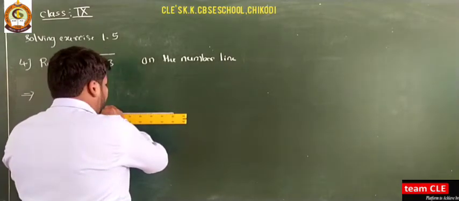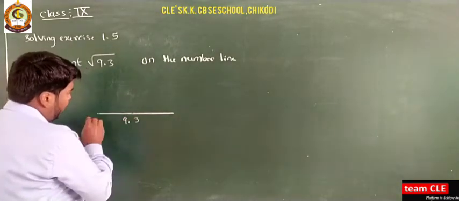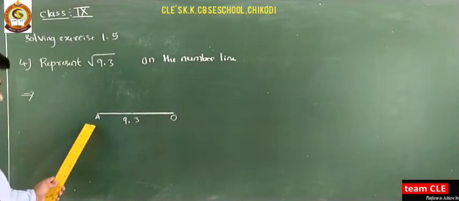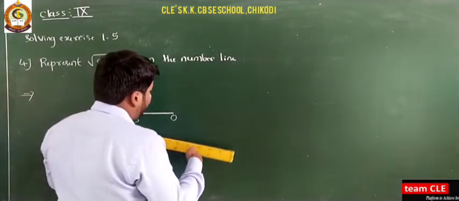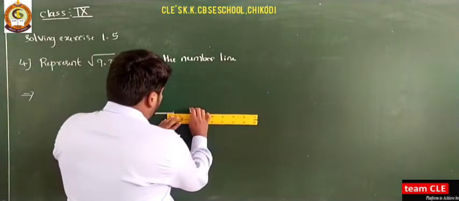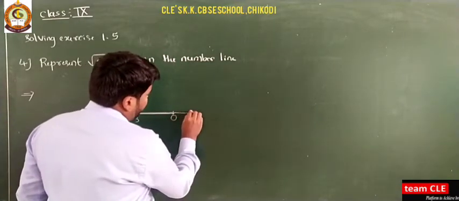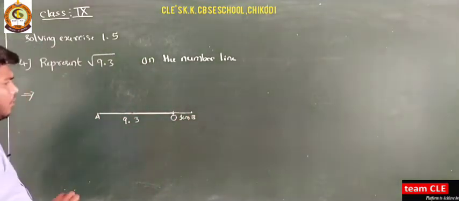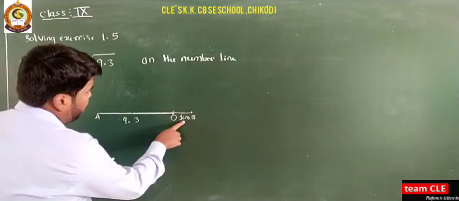I'll call the starting point A and the end point O, so AO is 9.3. Then extend 1 more centimeter, and I call this point B. Now AO is 9.3 and this is 1 centimeter.